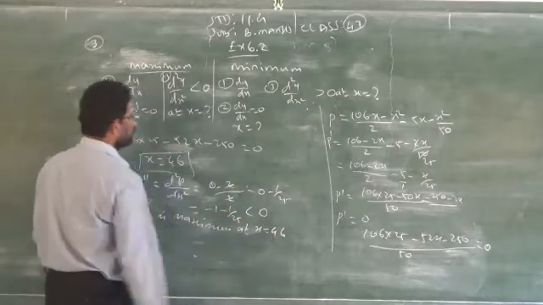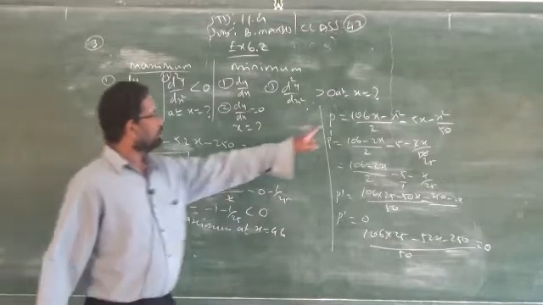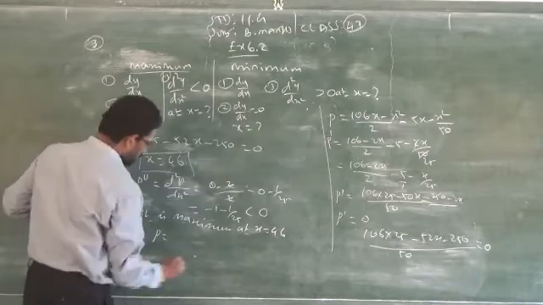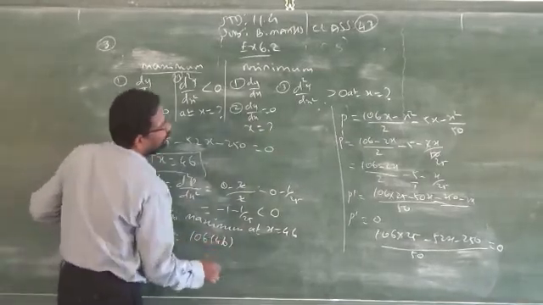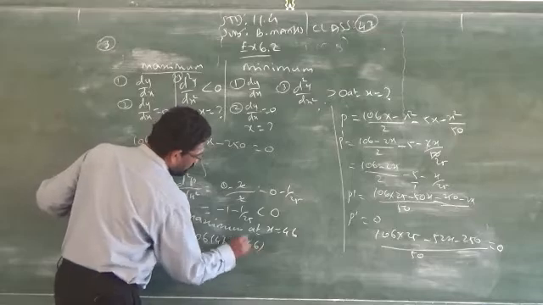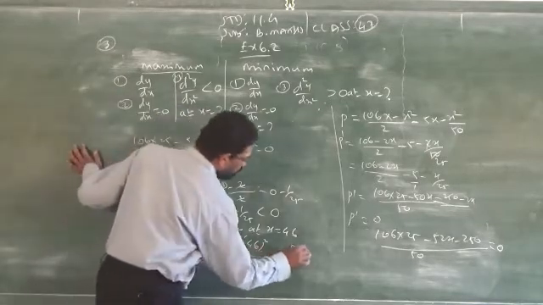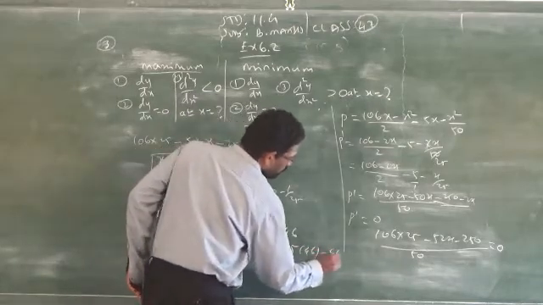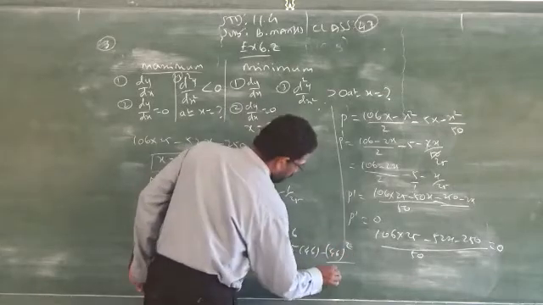Substitute X is equal to 46 in the profit function. Where is the profit function? This is the profit function. You have to replace X is equal to 46: 106 into 46 minus 46 the whole square by 2 minus 5 into 46 minus 46 the whole square by 50.